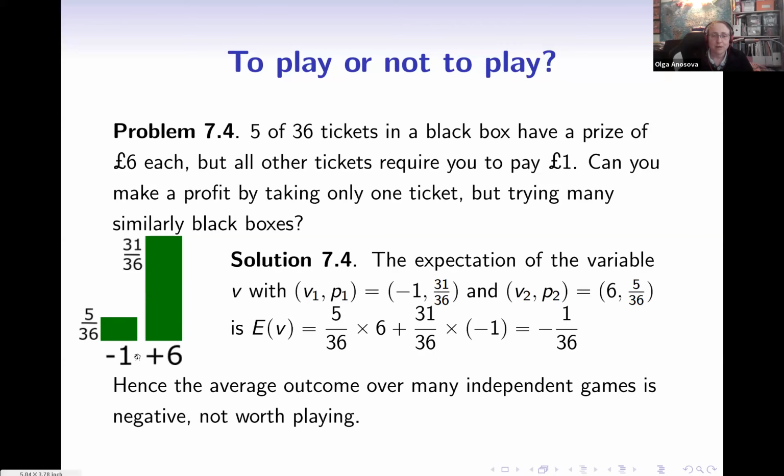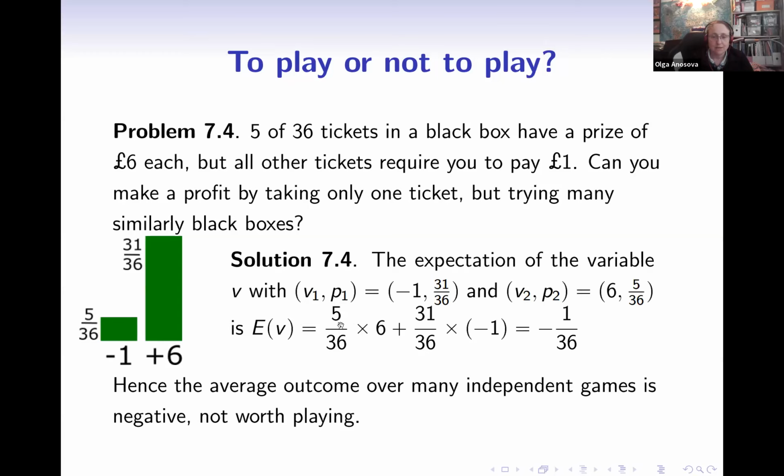We can have +6 with quite a small probability, and we can have -1 with a larger probability. And to get the expectation, we just need to multiply the probability by the value, which means that the formula is correct, not based on the correct picture, but the formula itself is correct.